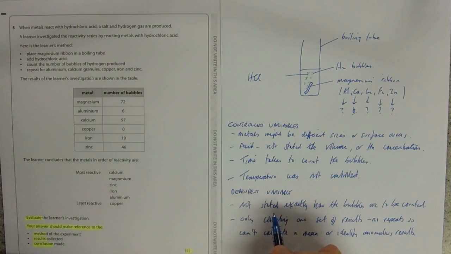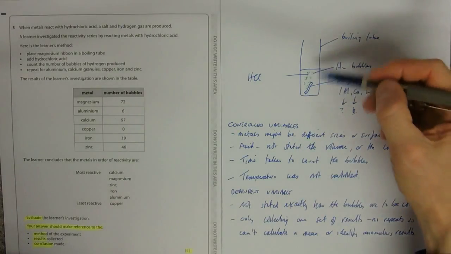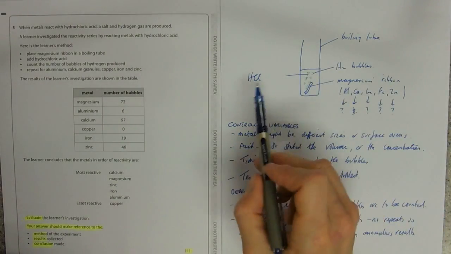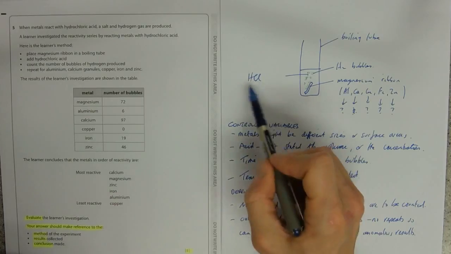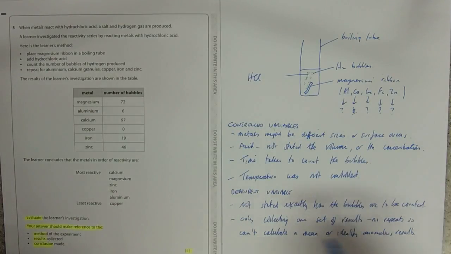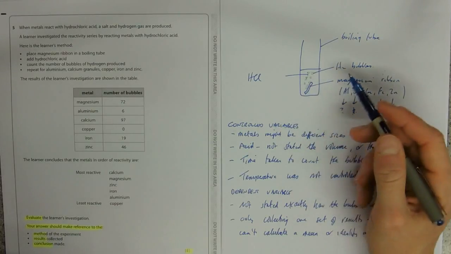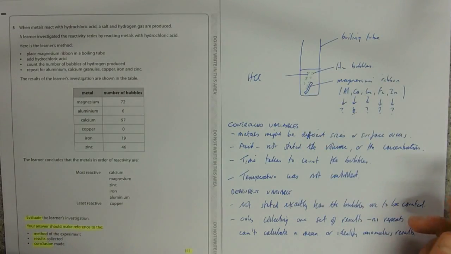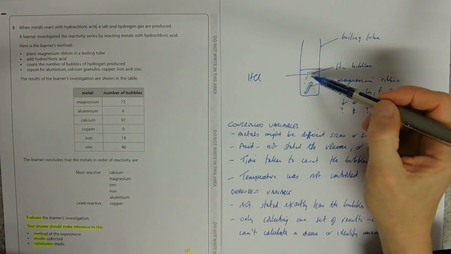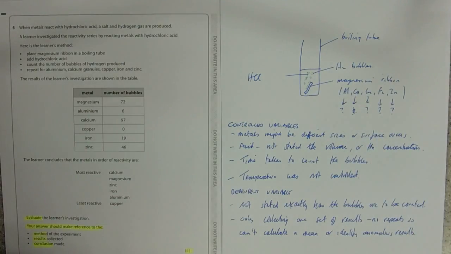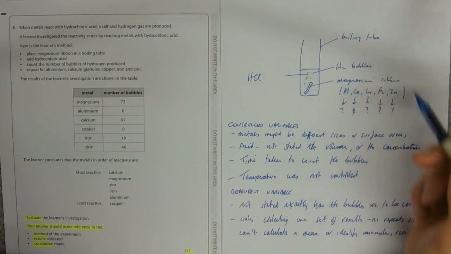So that's the dependent variable. We could possibly suggest a better way of estimating how much gas is produced using some method of collecting these bubbles rather than counting them. The best way of doing that is using a gas syringe, or you could, even an upturned measuring cylinder filled with water that displaces.